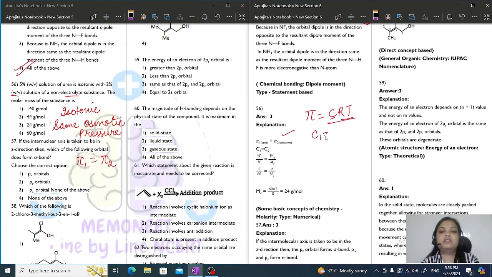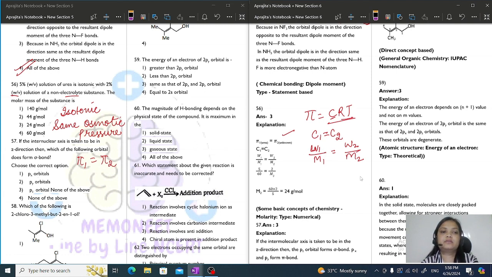In this case R and T would be constant. So if pi 1 is equal to pi 2, then C1 is equal to C2, which is the weight of the given substance upon the molecular mass, and the weight of the second substance divided by its molar mass. We are not considering volume, because the volume must be the same. So we can put in the values.